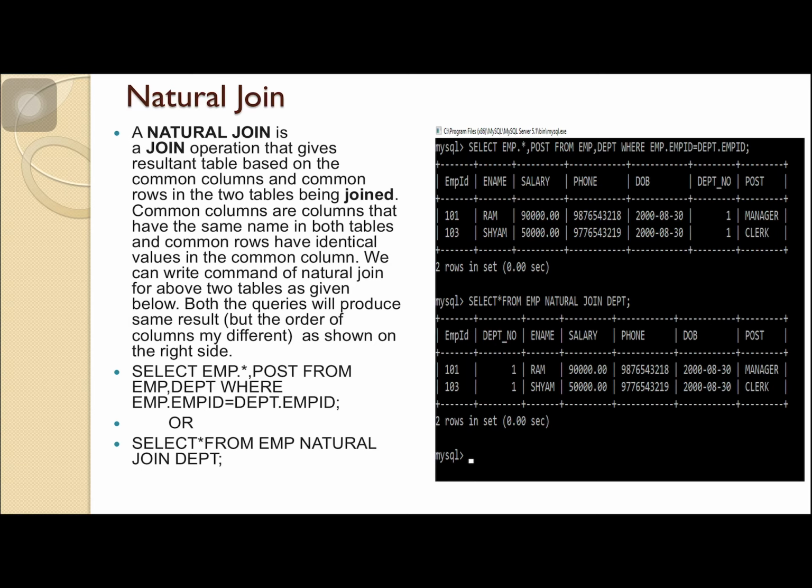If we write the query select employee.*, post from employee, department where employee.employee_ID equals department.department_ID, or we write select * from employee natural join department, then the output will be the same.